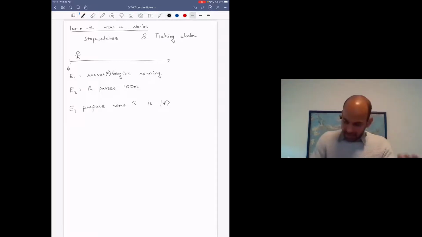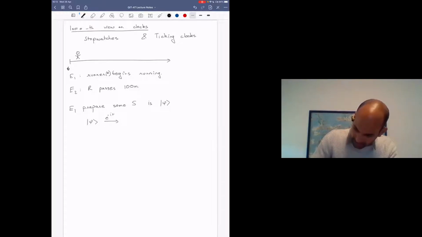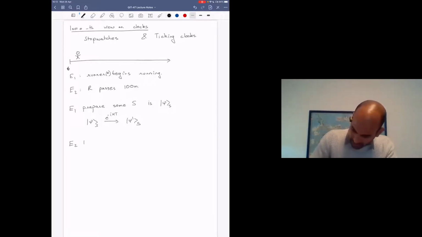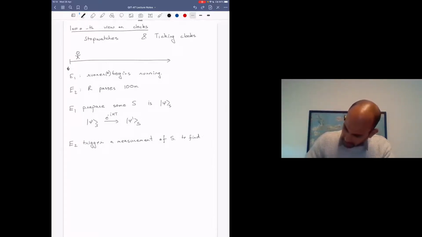Then as the runner runs, psi is going to go to e to the minus iHt, so it's going to go to some psi prime of S. And when E2 happens, that is the runner crosses 100 meters, E2 should trigger a measurement of S to find T. Actually, I wrote capital T here because it's a full interval.